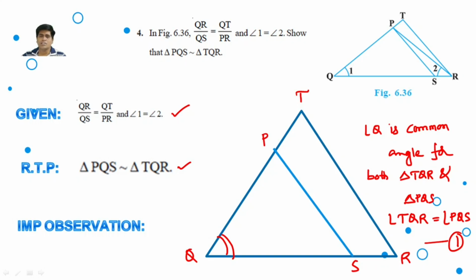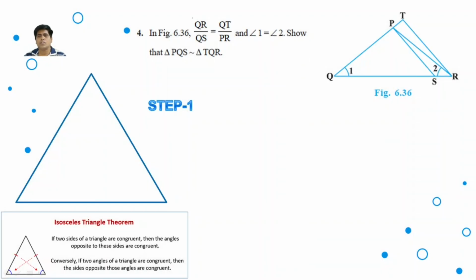Next we'll move to the next step. Step 1: I will consider triangle PQR. Look at figure 6.36 and identify where triangle PQR is. He has given at angle Q, this is angle 1, and at angle R, clearly angle 2.